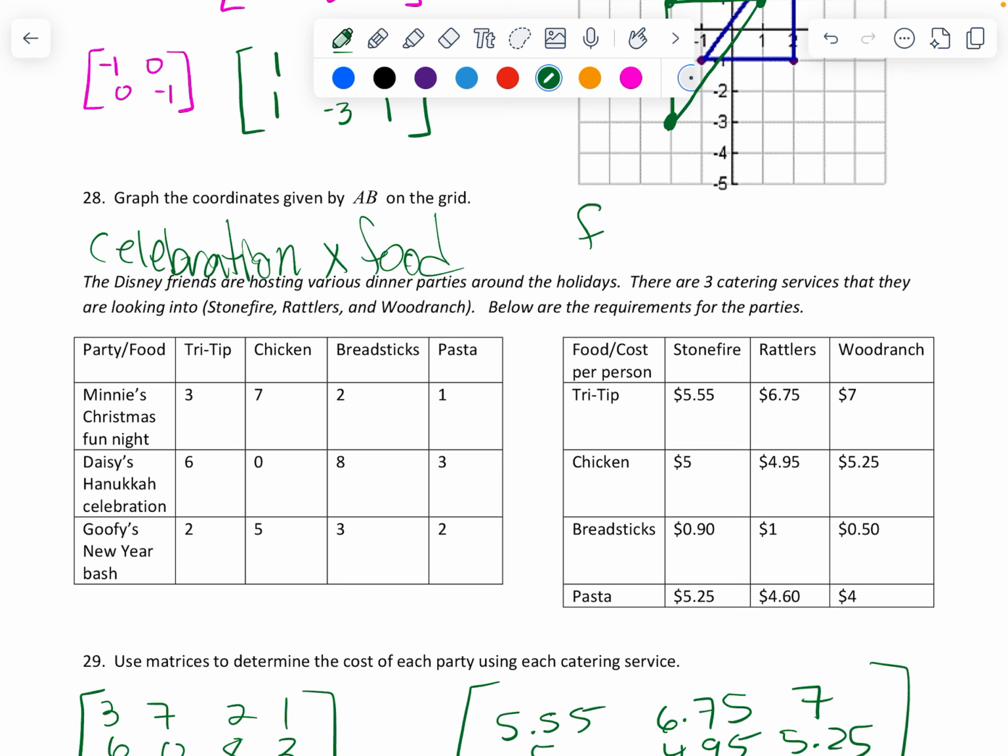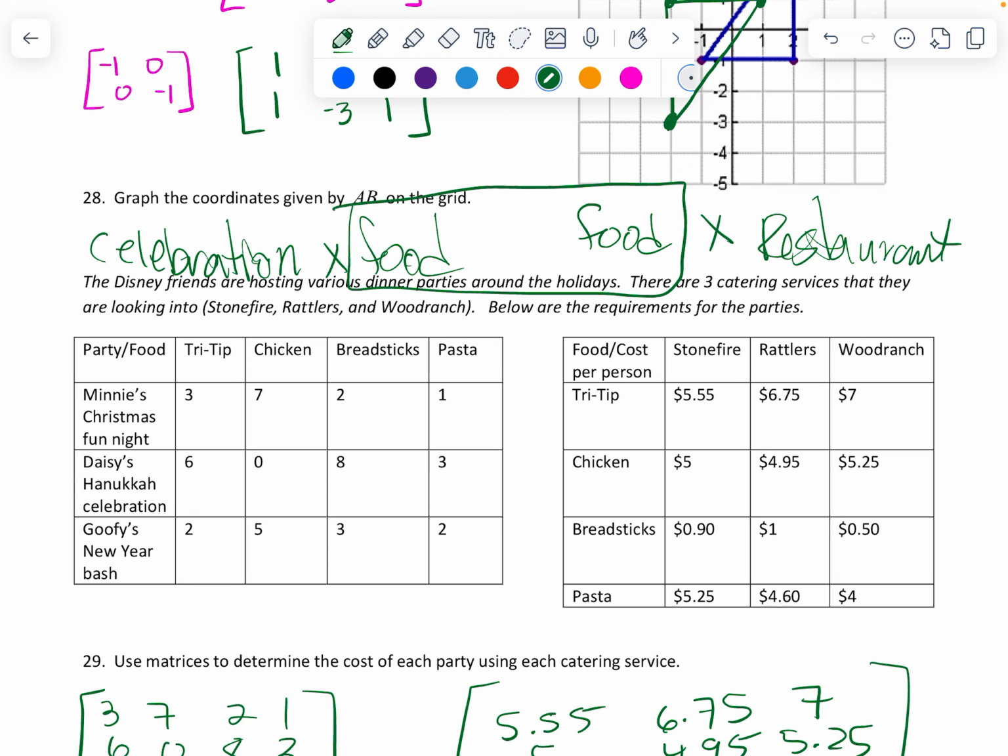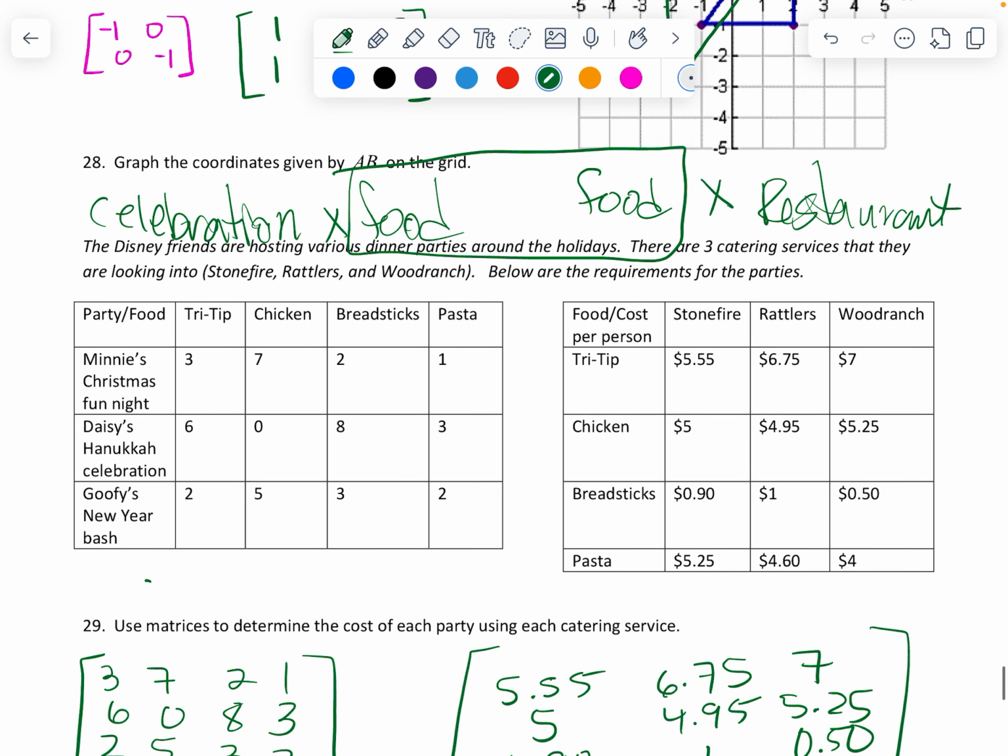And then over here, we have the food times the restaurant. Okay? This information is the same. So if I was to multiply these 2 together, that means that my answer is going to get the type of celebration it is by the restaurant. Okay?